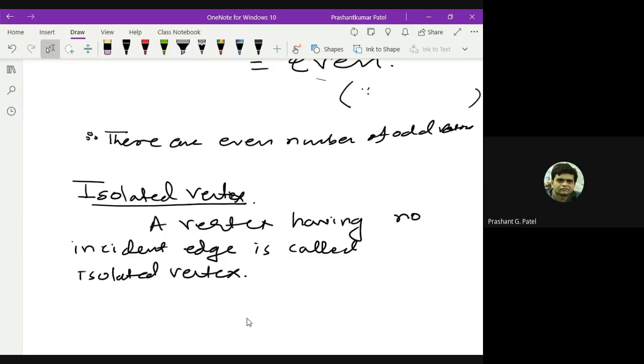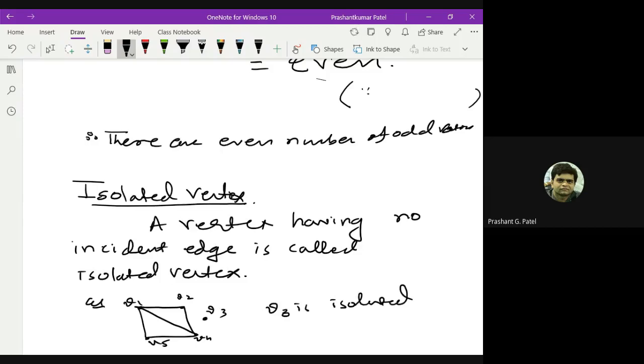For example, if I have this graph where v1, v2, v3, v4 and v5 are the vertices, then v3 is an isolated vertex. It is not adjacent to any of the other vertices, nor to any edges.